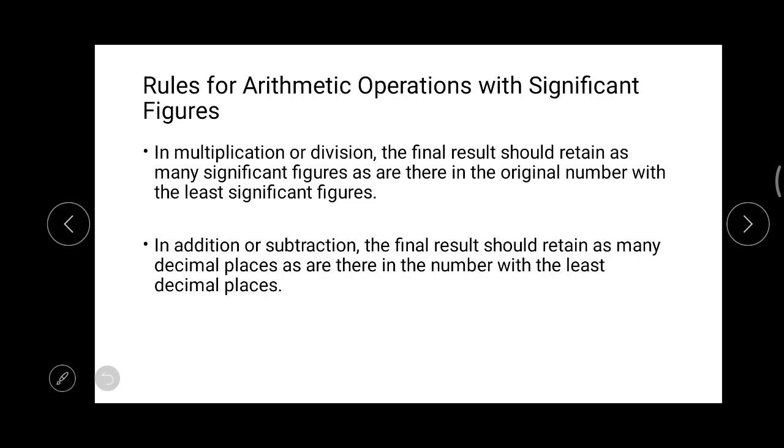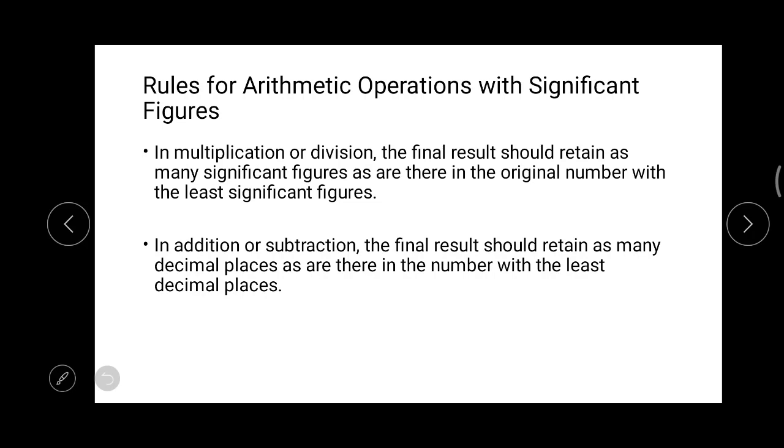That means you have to focus on the individual value having the least number of significant figures, and whatever that number is, that should be the number of significant figures in your resultant value.